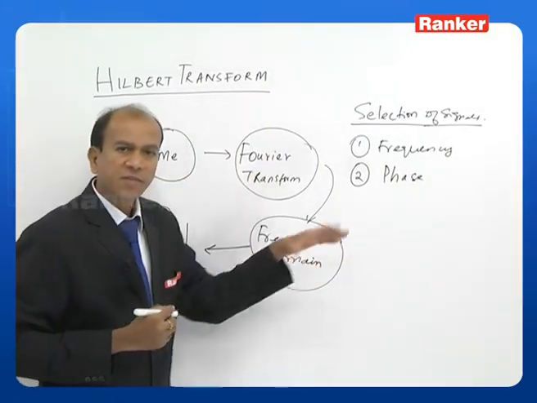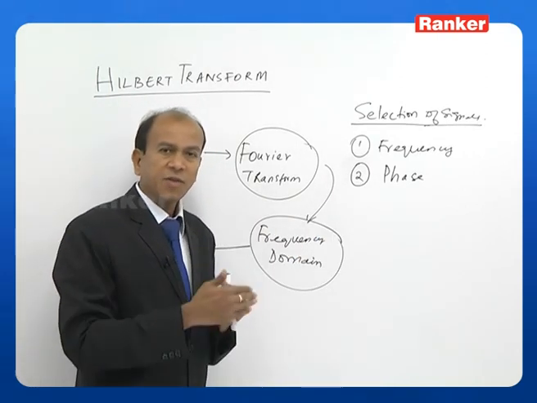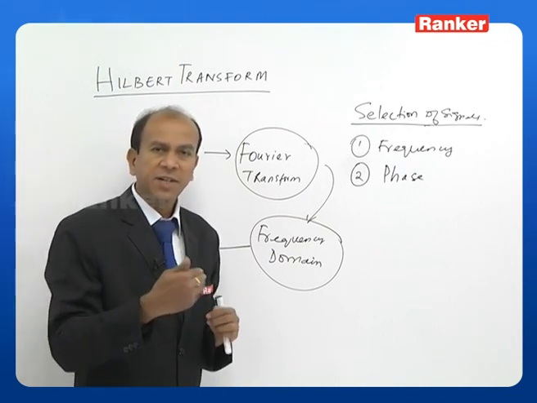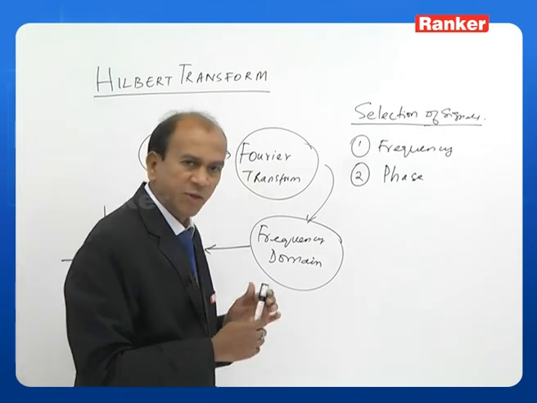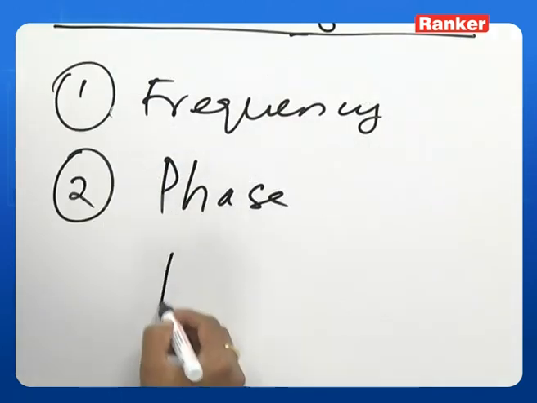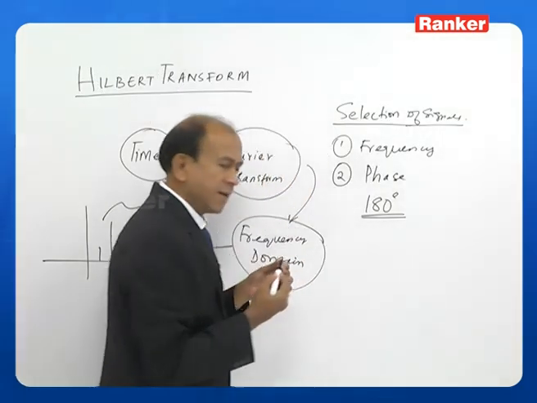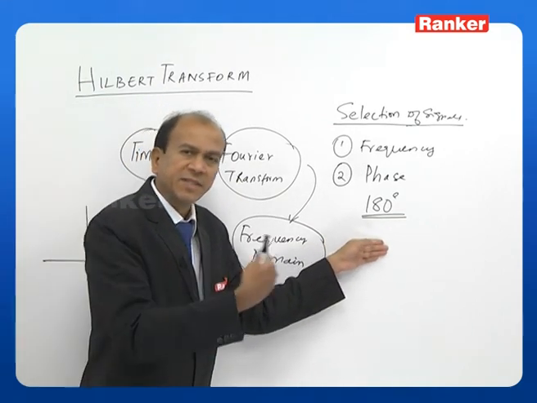We do what is called phase selection. That means if I can distinguish the different components of a signal by phase, that means each and every component is shifted by a certain phase, let us say 180 degrees, which is very common. That means all components of the signal are shifted by 180 degrees. That is, there is a phase reversal.